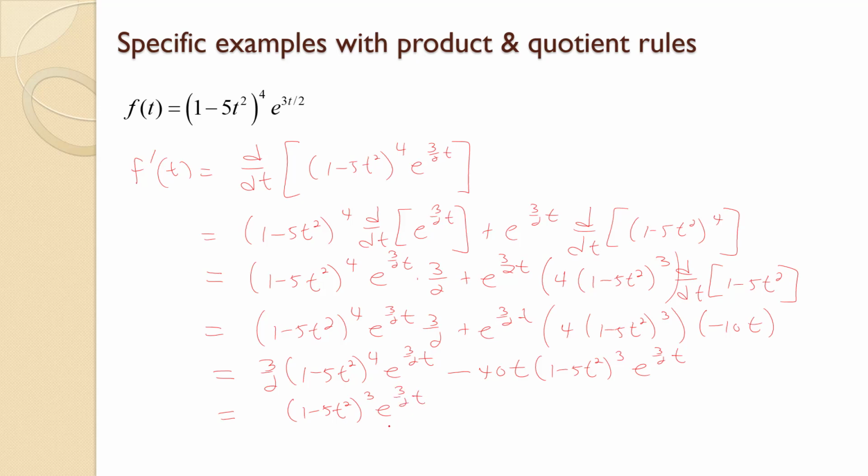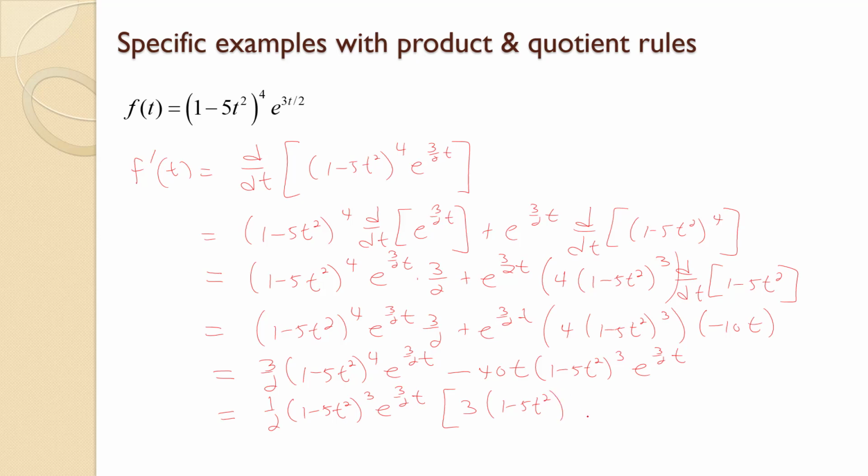And then it's hard to see, but see the fraction? I'm going to take out some kind of fraction out of each of these products. So what's left over will just be integers. In this case, that would be a half. So let's see. Divide a half into 3 halves, you get 3. 1 minus 5t squared to the third divides into 1 minus 5t squared to the fourth and leaves 1 minus 5t squared.